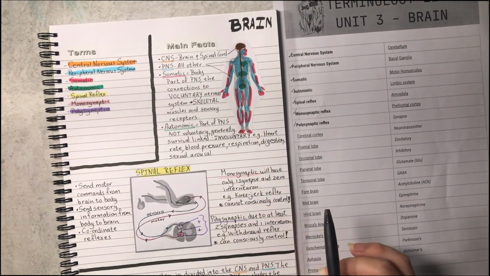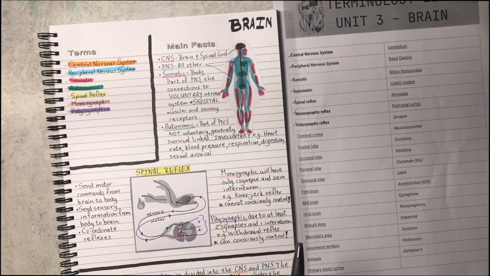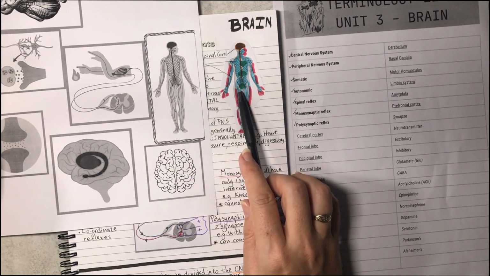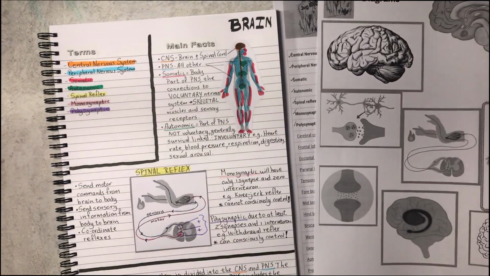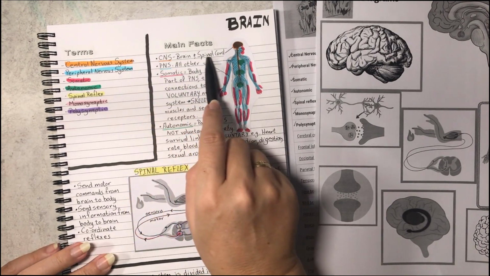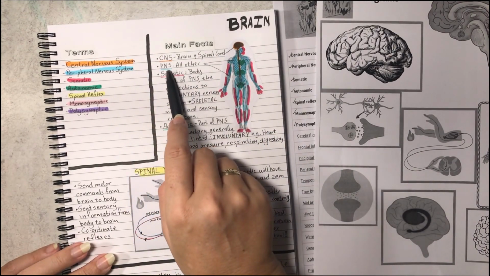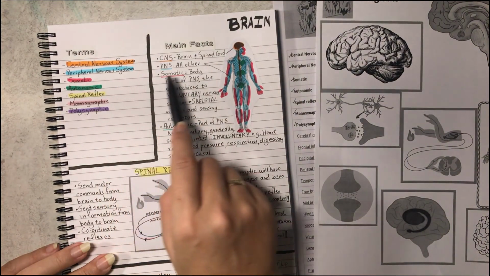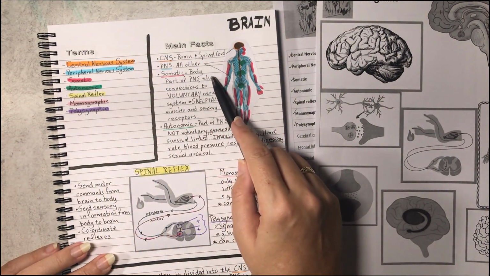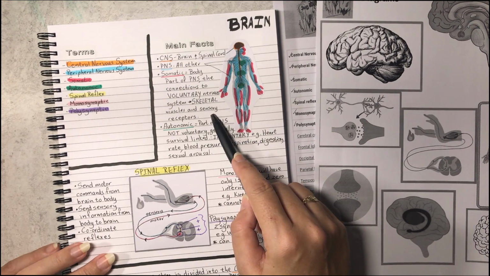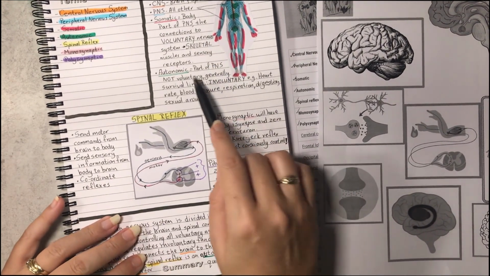For the central nervous system, you will notice that first diagram that I have grabbed, even though it's printed in black and white, I have used my highlighters to match up the relevant colors as well. So your CNS, central nervous system, which you will understand, is the brain and spinal cord. PNS, everything else, divided into that red and the green, the somatic and autonomic systems.